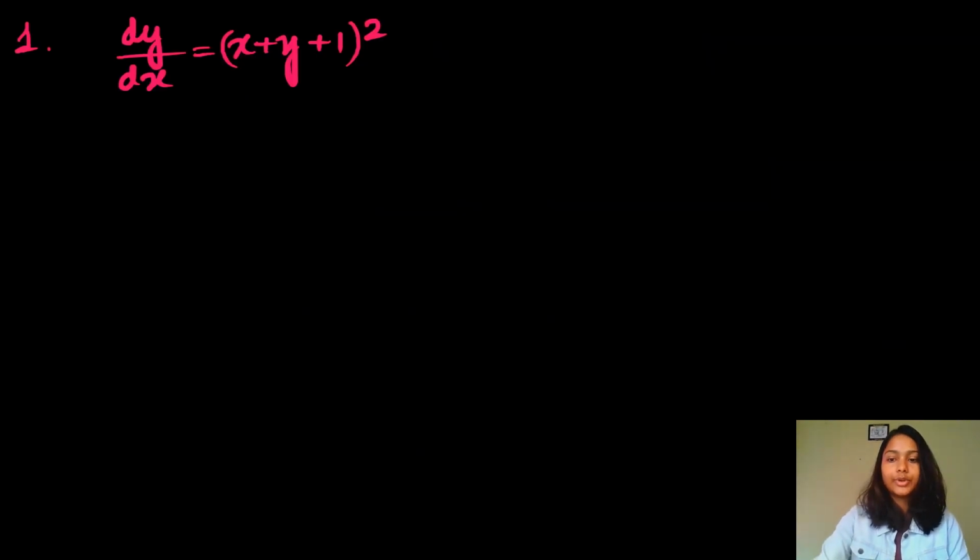First, we have this equation here. So here one function is x plus y plus 1 and another function is the square function. So the composition of functions, f composition g, here the f(x) function is x square, and again the g(x) function is the linear function.